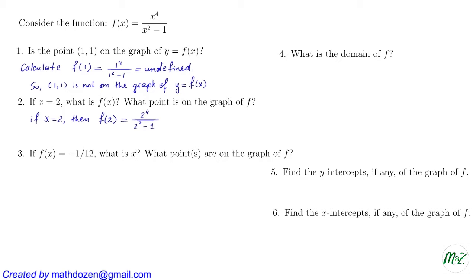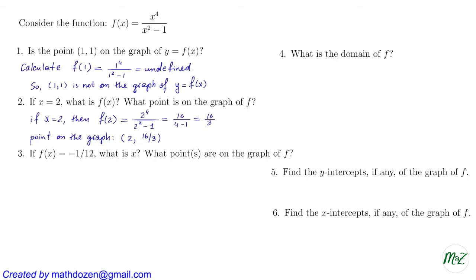So if x is replaced by 2, we get 2 to the fourth power over 2 squared minus 1. That is 16 over 4 minus 1, and that gives you 16 thirds. The corresponding point on the graph has x coordinate 2 and y coordinate 16 thirds. So the point (2, 16/3) is on the graph of the function f of x.